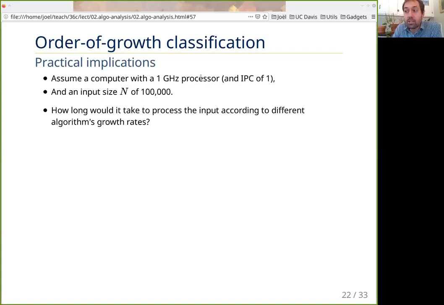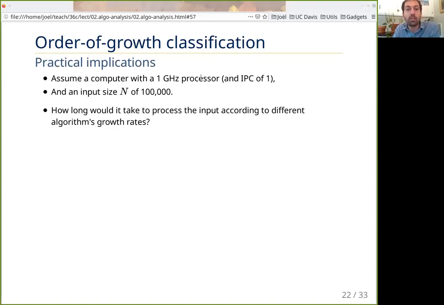And let's assume that we are running an algorithm on an input size n of 100,000. And 100,000 as an input size, it's not that big. 100,000 is the equivalent of the population of Richmond, California, for example.